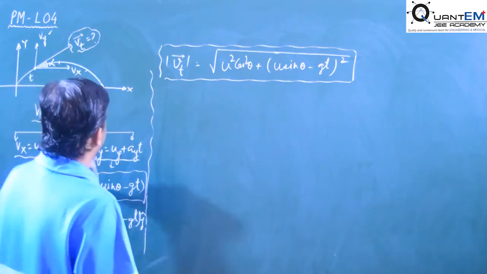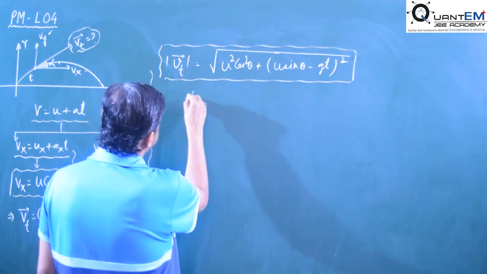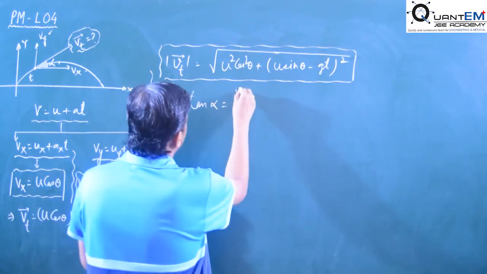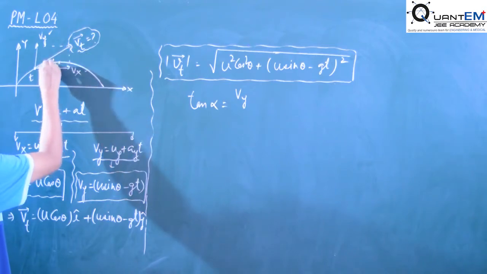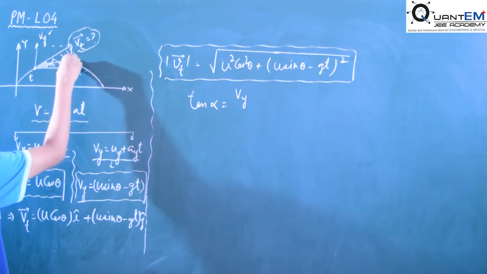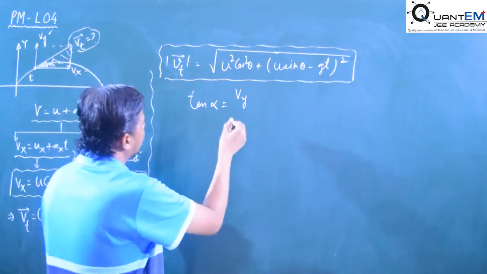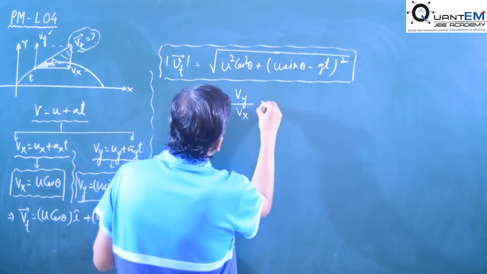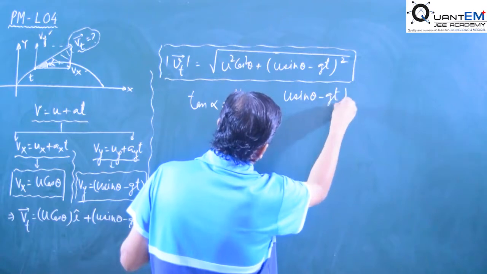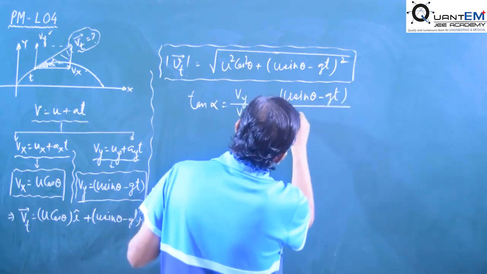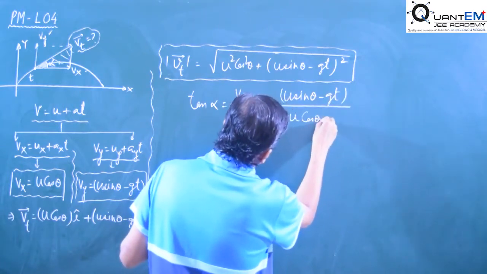And what about the direction? Tan alpha. If you consider this triangle, so y coordinate reading by x coordinate reading, so Vy by Vx, to get the result u sin theta minus gt divided by u cos theta.